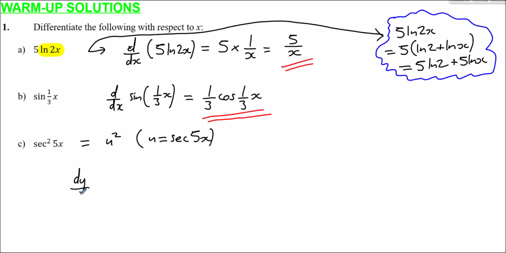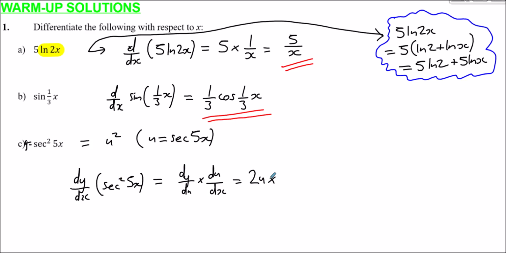So if I do dy by dx, or just d by dx of sec squared 5x, I can say that's dy by du, basically just calling this y essentially, dy by du multiplied by du by dx. So if y is basically u squared, differentiate that with respect to u, that gives us 2u.